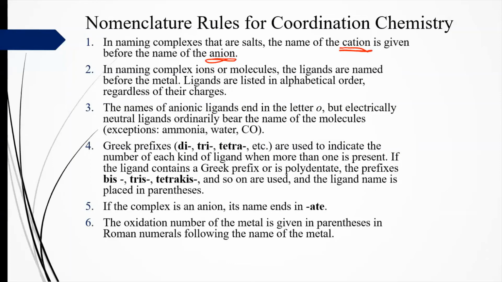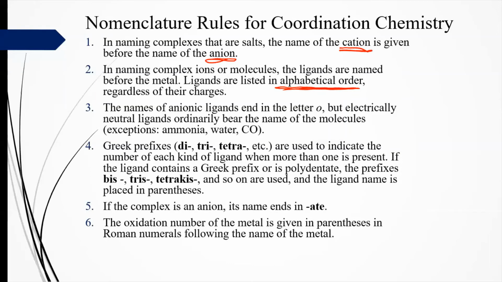Now, within the cation or the anion, depending on what charge our coordination complex takes on, we're going to name the ligands before the metal, and we're going to list them in alphabetical order. So we don't care about their charge, we only care about the alphabetical order. The ligands will go first, and then the metal.